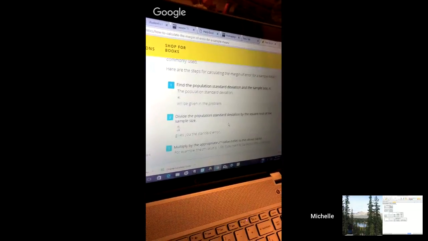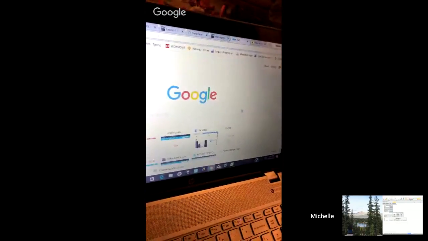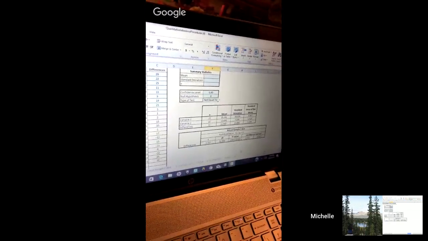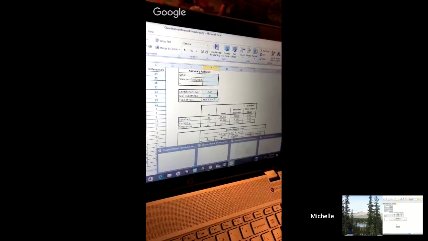Okay, so what I just found on Google was standard deviation divided by the square root of n. Oh, wait, because the sample size should be 22. Does that change anything? No, that doesn't change anything.